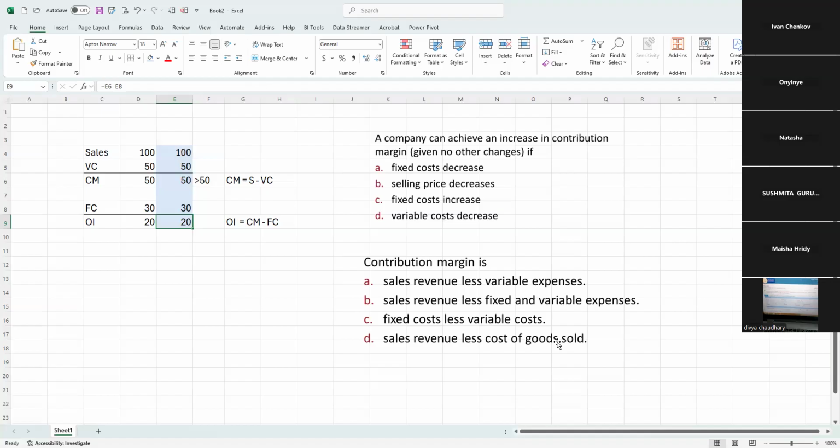What do we get from sales minus cost of goods sold? Net profit? No, something else. Gross profit? Gross margin. Yes, gross margin.